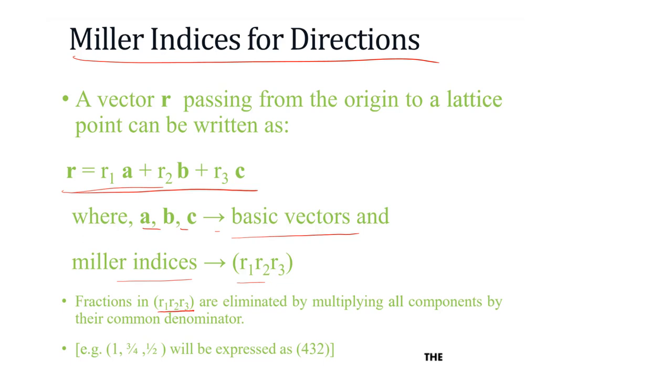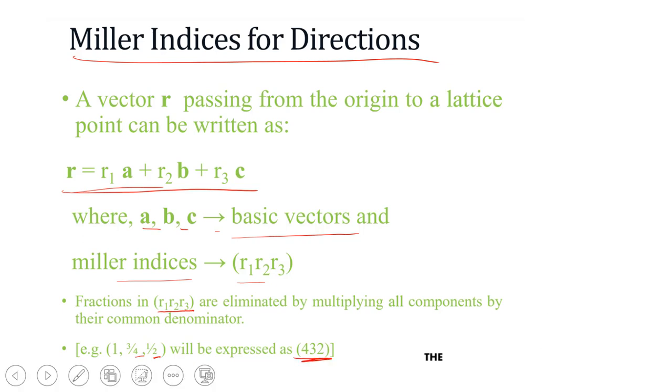By multiplying by the largest denominator so that the other fractions also become integers. Maybe we will have to multiply by the LCM of the two denominators if 2 are there, or if 3 are there. For example, 3 by 4 and 1 by 2 multiplied by 4 will give this.